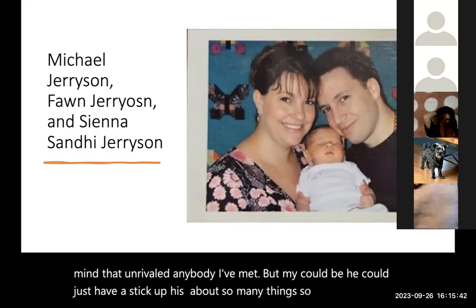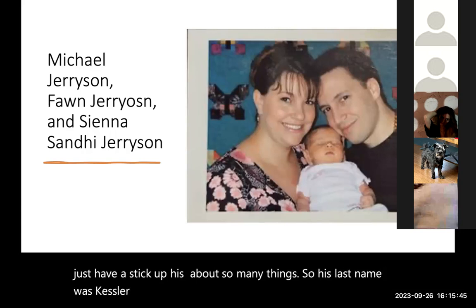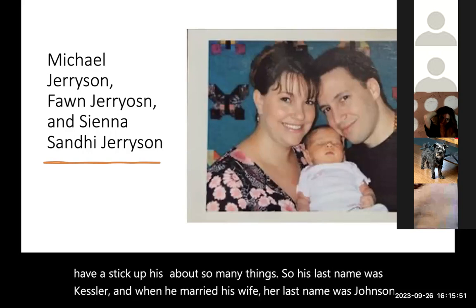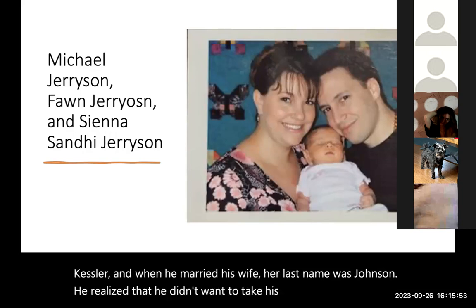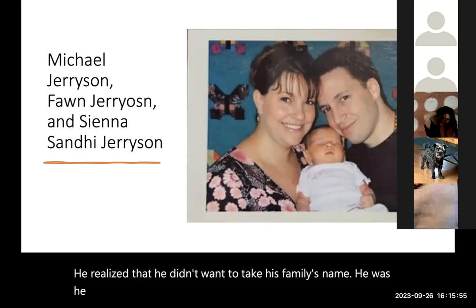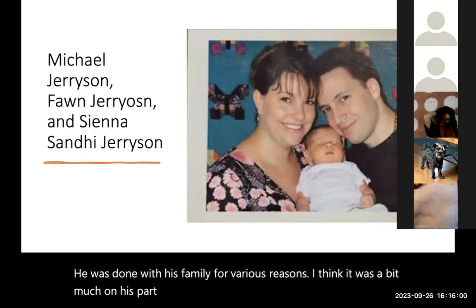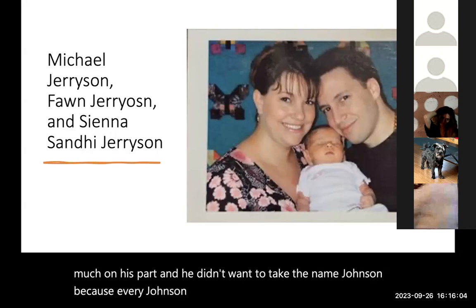So his last name was Kessler. And when he married his wife, her last name was Johnson. He realized that he didn't want to take his family's name. He was done with his family for various reasons. I think it was a bit much on his part. And he didn't want to take the name Johnson because every Johnson on Fawn's family side got divorced.